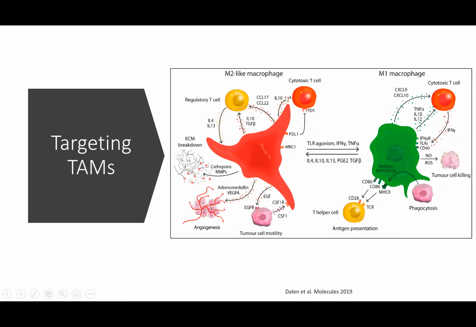They can inhibit the T cells by secreting some factors, for example, interleukin-10. Also, these M2 macrophages can activate the regulatory T cells that have an immunosuppressive effect. They can also break down the extracellular matrix, which helps the cancer cells to metastasize. They can also help angiogenesis and the formation of new blood vessels for the growth of tumors.